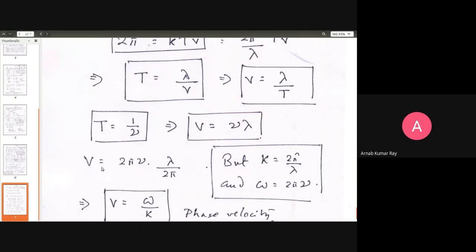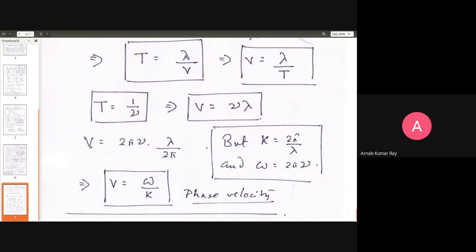Okay. But then V is equal to 2 pi nu. And I'm sorry. The next thing is that I'm multiplying this equation, V is equal to nu into lambda, by 2 pi and dividing by 2 pi. And 2 pi nu is the angular frequency omega, and 2 pi by lambda is k.